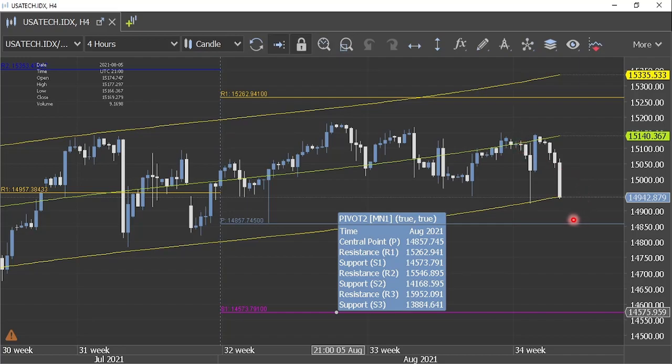In today's session, we have this continuous decline, but it will be interesting to see how the Nasdaq's price action evolves after it gets closer to this central pivot point, which is there around 14,850. I'm expecting it to provide some support, if not major, at least minor support in the near term, and we are not really looking for a continuous steep decline below this central pivot point.